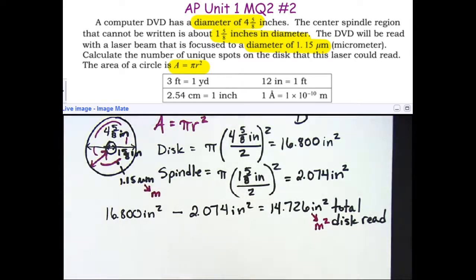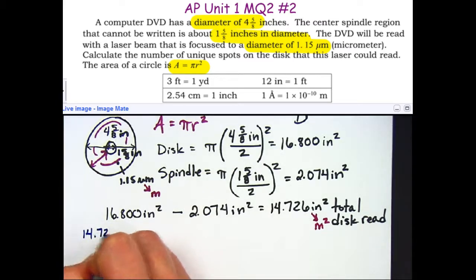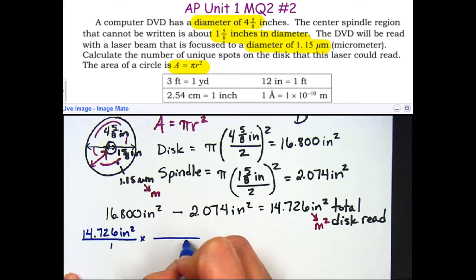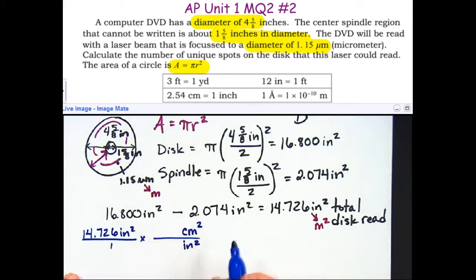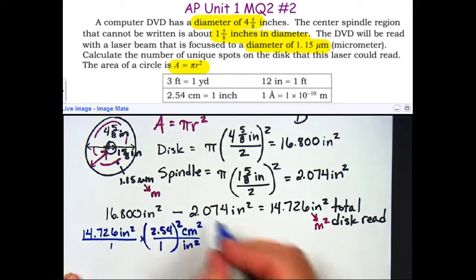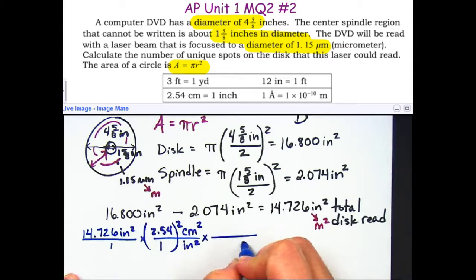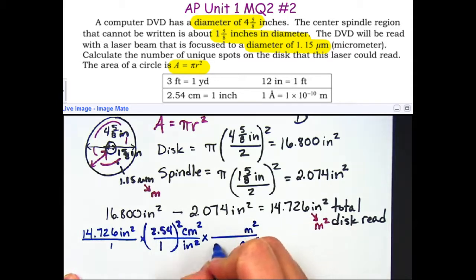So I'm going to go ahead and convert my 14.726 inches squared, put it over 1. We'll go from square inches to square centimeters. 1 inch equals 2.54 centimeters, and that's going to have to get squared. Times, and we're going to go from square centimeters to square meters. 100 centimeters equals 1 meter, and we'll have to square that value as well.